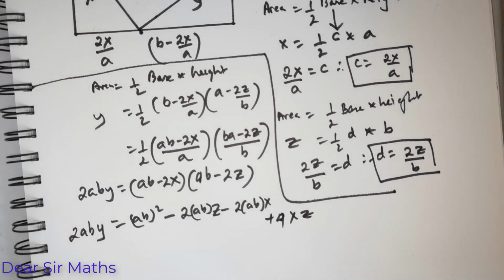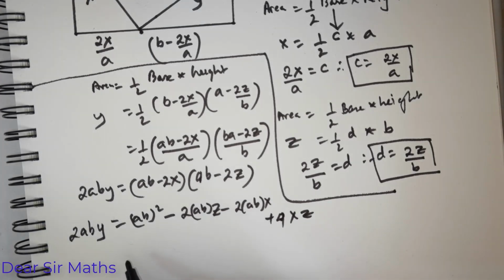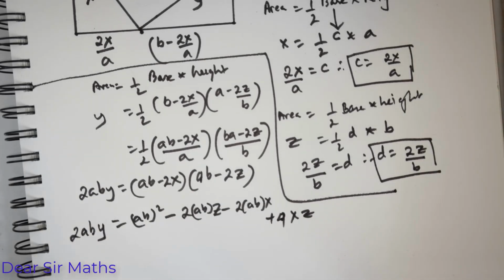This is what I get. Now what I wish to do is I can actually write this as a quadratic in AB.